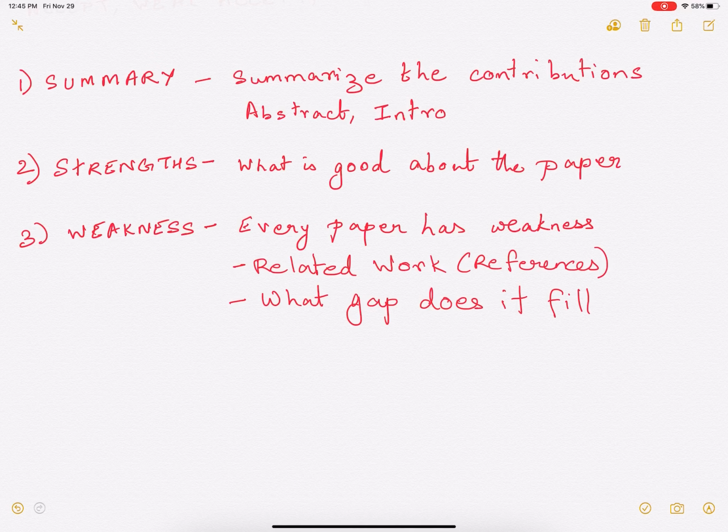If a paper is incremental and it's solving a well-addressed problem and trying to suggest an incremental solution, then the gap that it's filling is not that big and the paper would lack in novelty. So that is something that you should try to identify, whether it's a problem that's new or whether it is incremental. Okay.